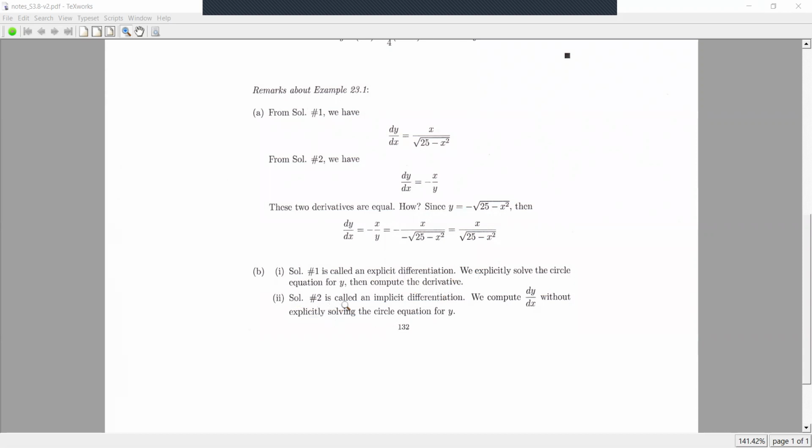Solution 2 is called an implicit differentiation because we compute the derivative without explicitly solving the given equation for the function. Instead, we take the derivative of the given equation to get the derivative.